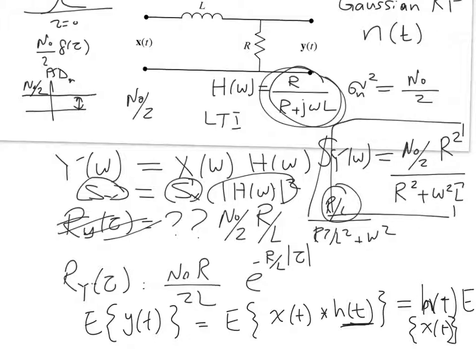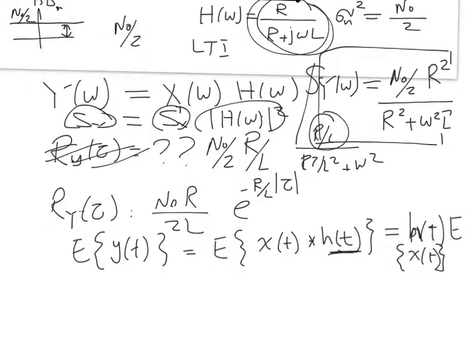But the variance should not be a function of omega. So I need to check this one. The mean is easy to get, but for the variance there's something missing. I will check the variance and come back to you, okay?